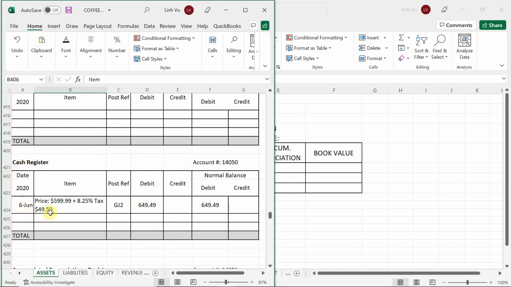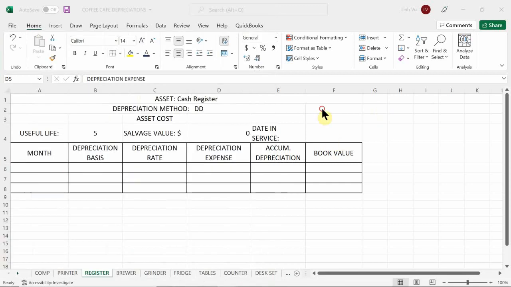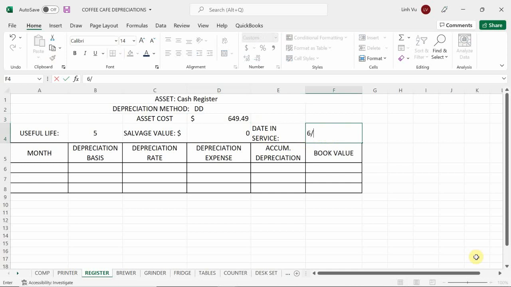Okay, on June 6th, right? And of course, when you have a cash register, well, you gotta plug it into the wall, test print out the receipts, and so on and so forth. So in this case, $649.49 on June 6th. Okay.